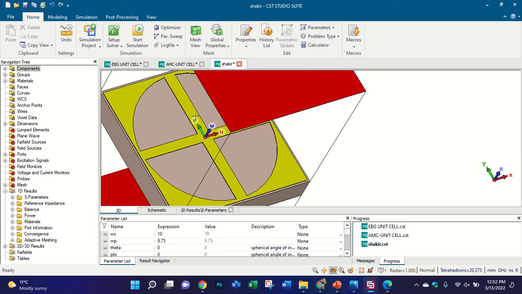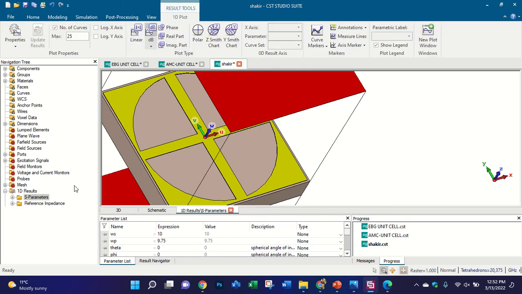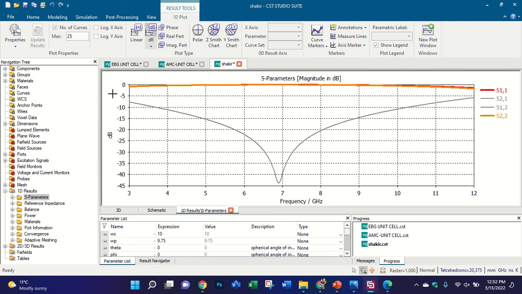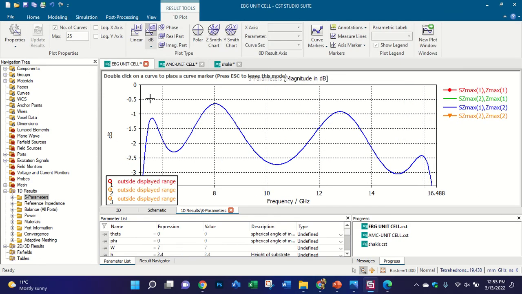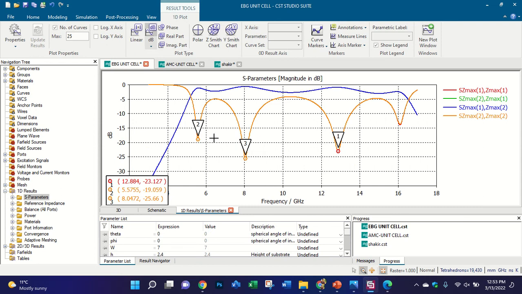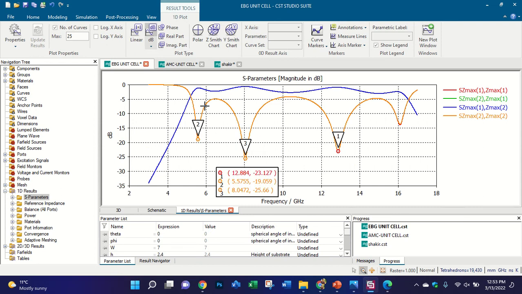Why do you get S21 less than -10? That means this unit cell does not work at this frequency? No, in the case of this EBG unit cell, you don't look at S21, you only look at this one.